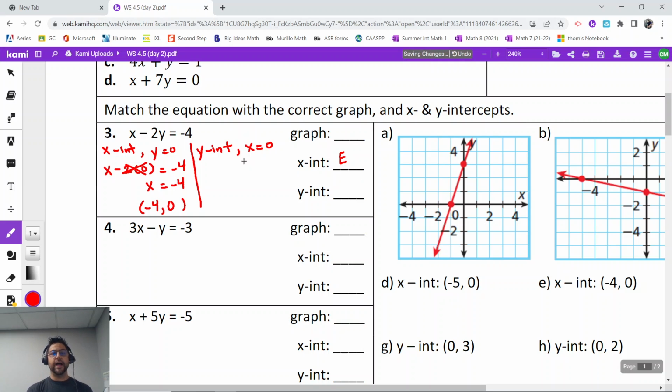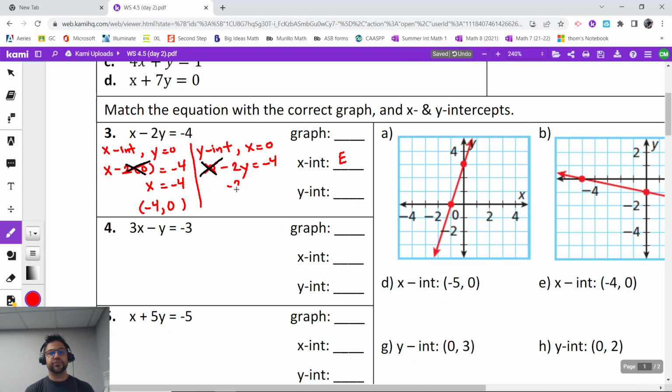Then for our y-intercept, very similar work, but we're going to be extra careful with our negative signs. Let's see. x is now going to be 0. Subtract 2y is equal to negative 4. So the 0 part crosses off. Again, it's not an x there. Hopefully you notice that. Let me change the color. Maybe that'll help you out. Meaning it's no longer part of the problem.